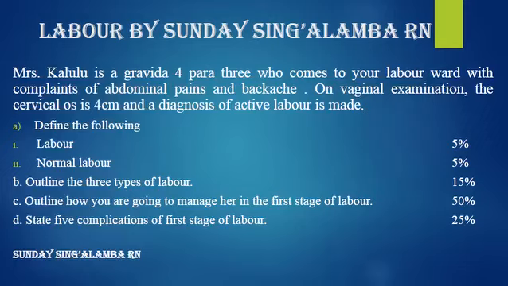Talk about the progress of labor. There we observe for cervical dilatation, descent of the head, and also uterine contractions. Under uterine contractions, we observe the length, the strength, and also the frequency.